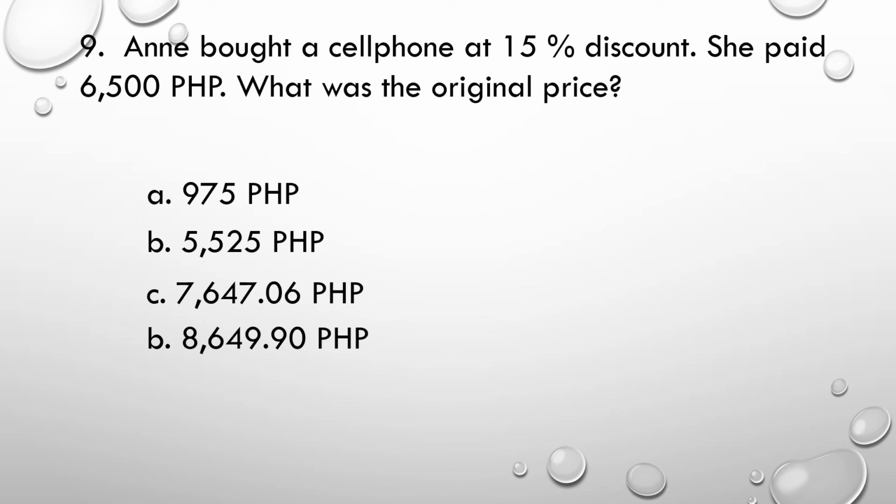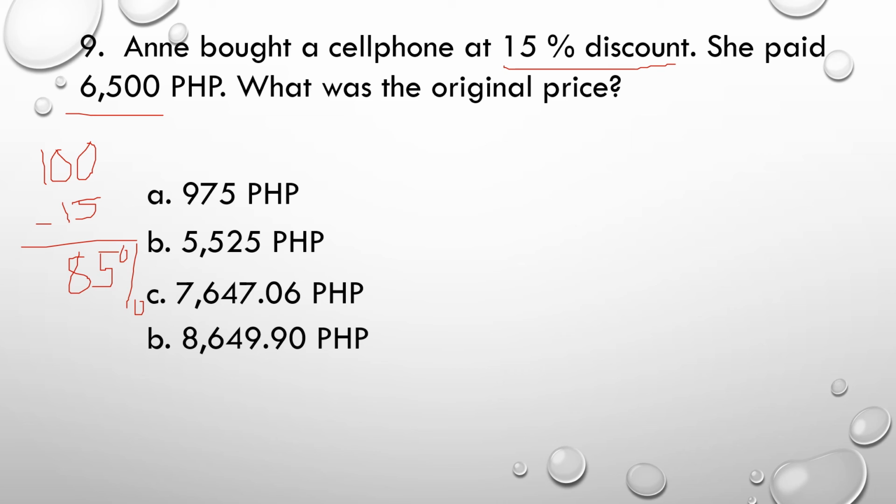So if the discount is 15%, it means that from the original price, which is 100%, she only paid 85%, right? Minus the 15, it means she only paid 85%. And that 85% is 6,500 pesos.